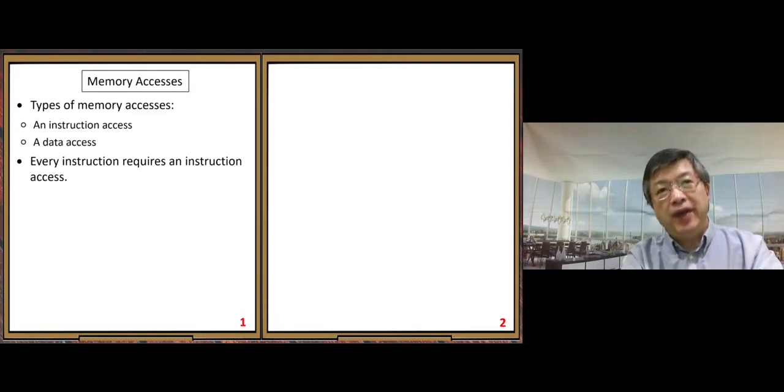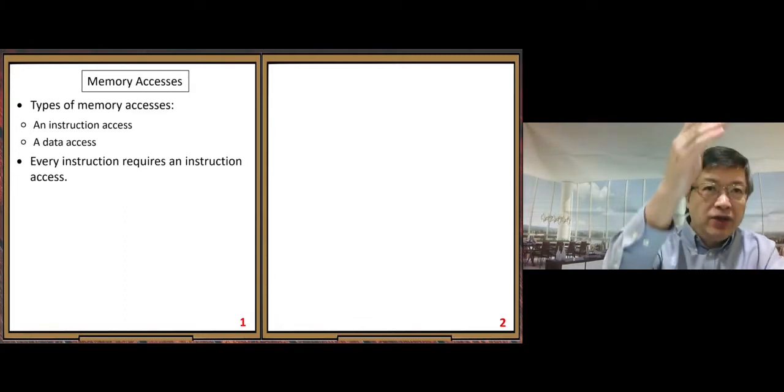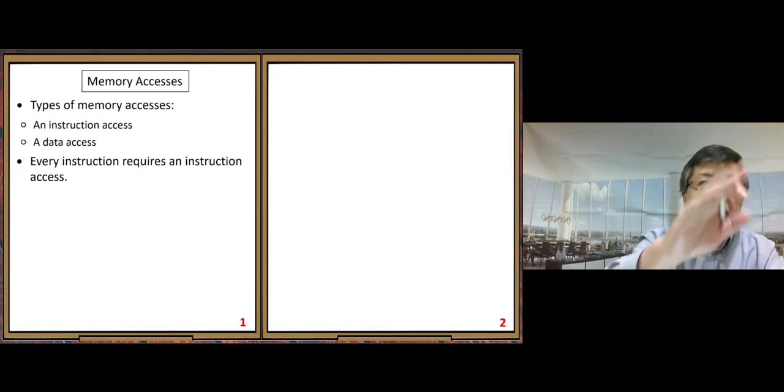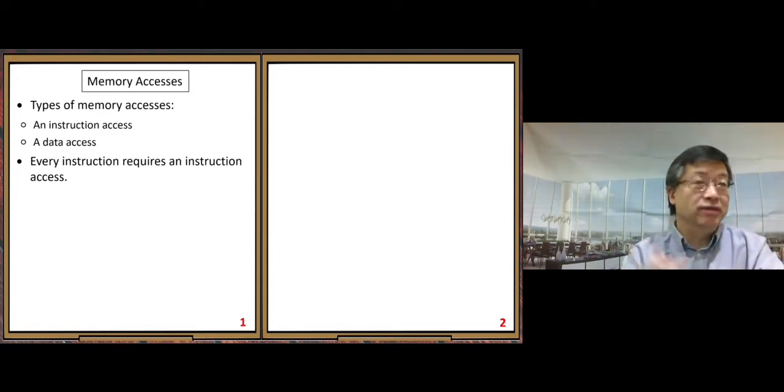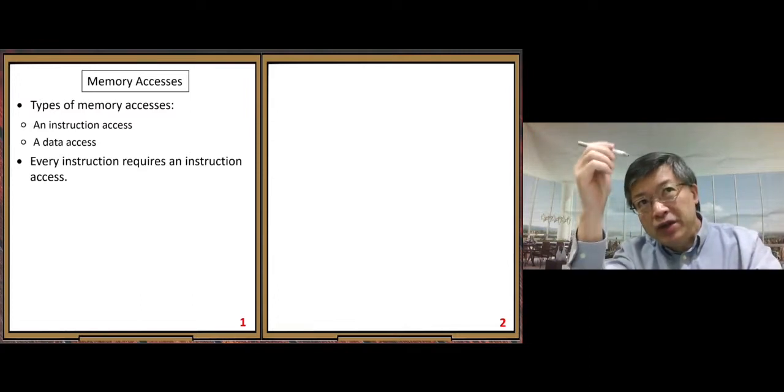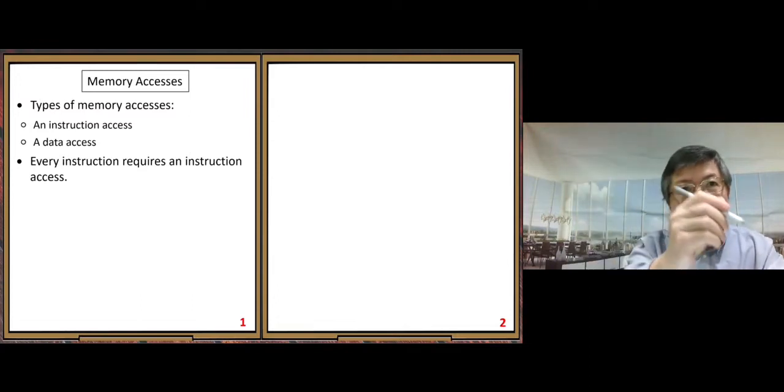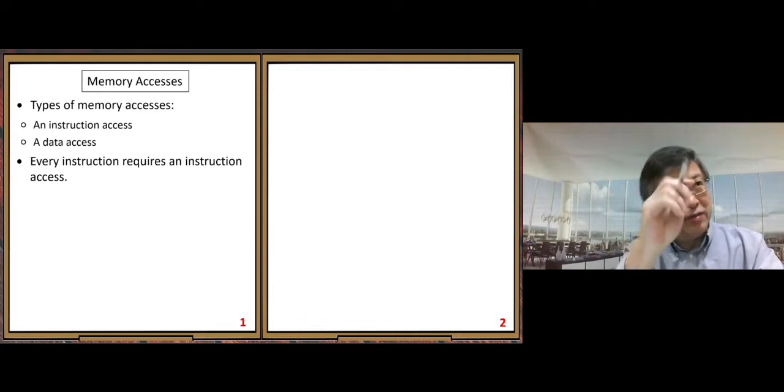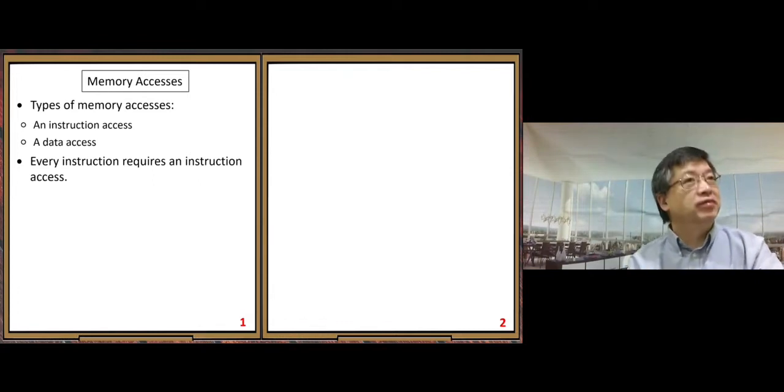Now the details. Every instruction requires an instruction access, so you have to load that instruction. There is one instruction access for each instruction. That's very simple. But for data, things are a little different.